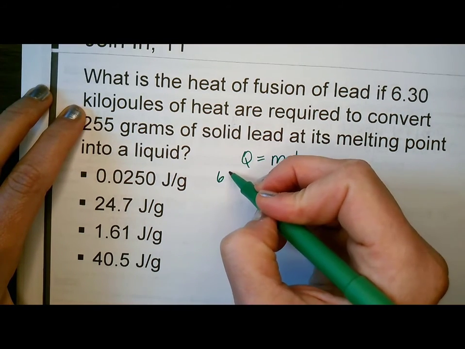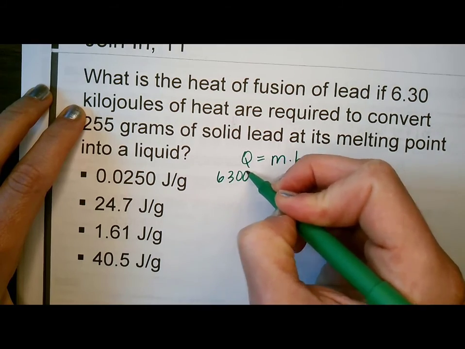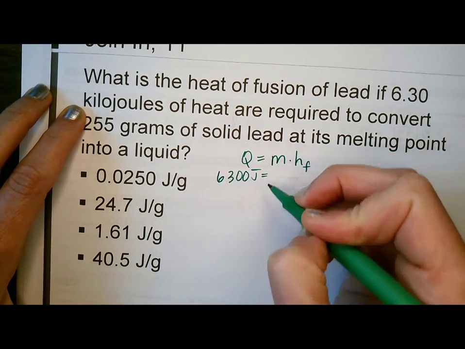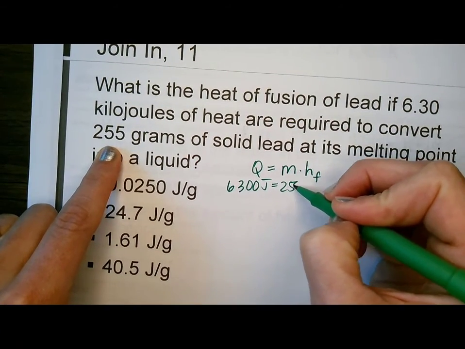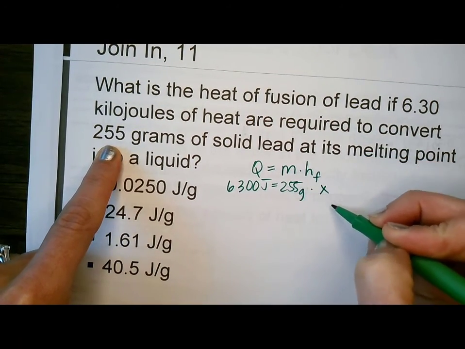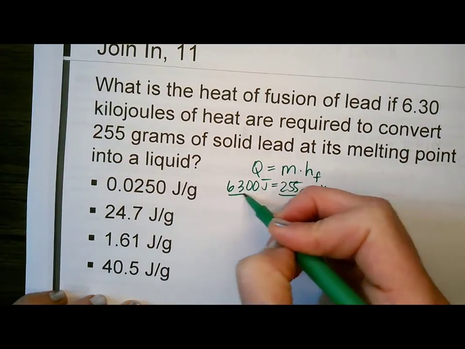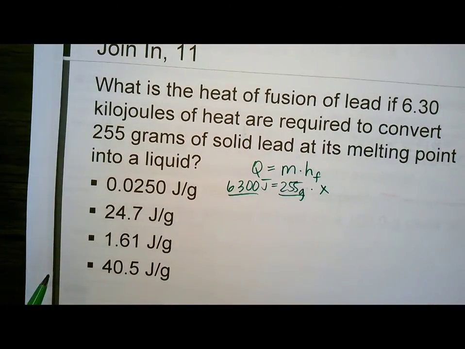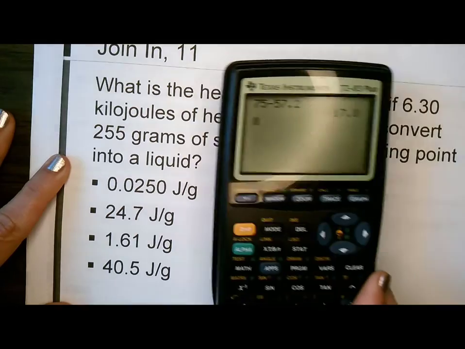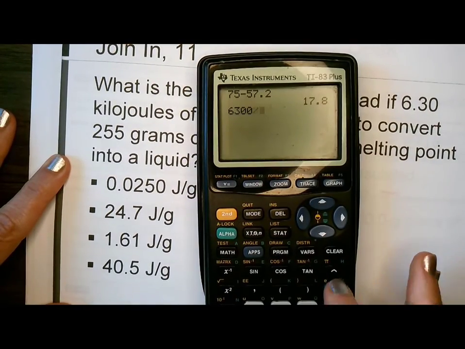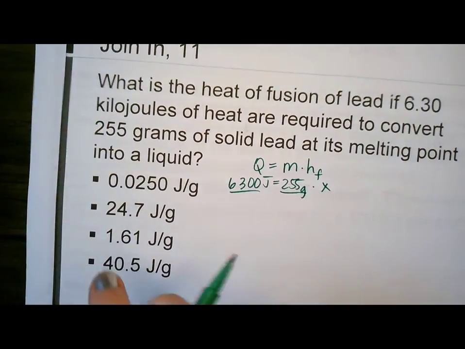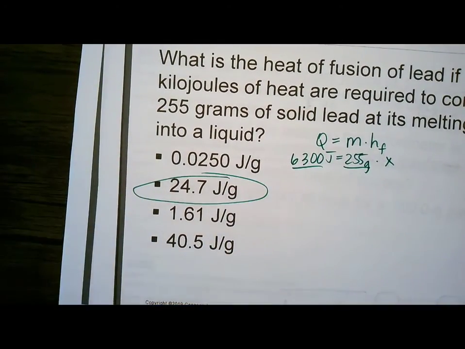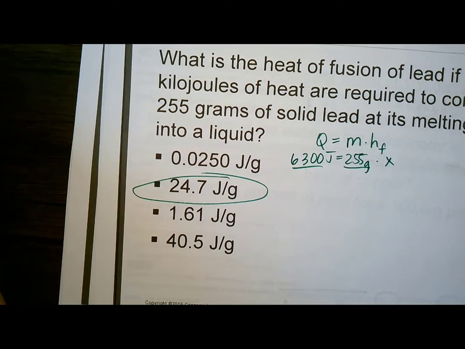So that would be 6,300 joules is equal to 255 grams times my heat of fusion. So I just need to divide both sides by 255. 6,300 divided by 255 should be 24.7. I hope you got the same answer.